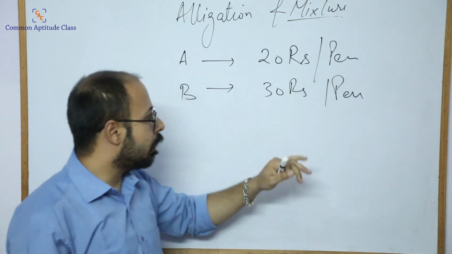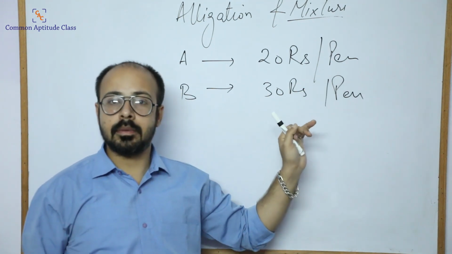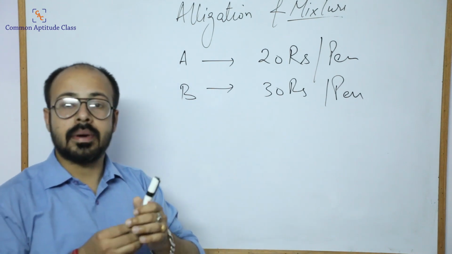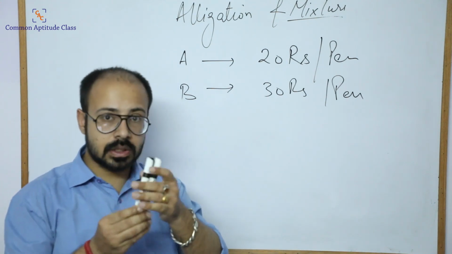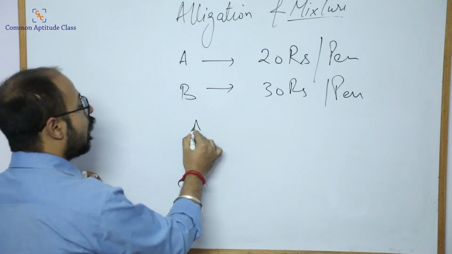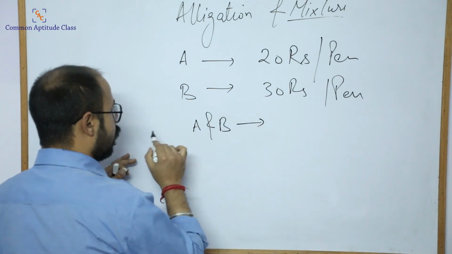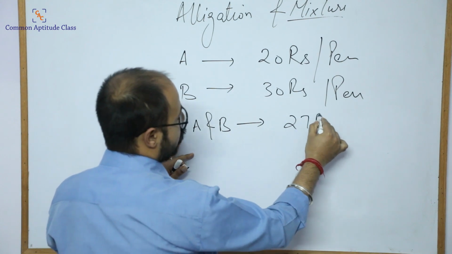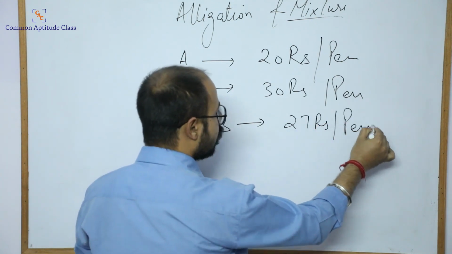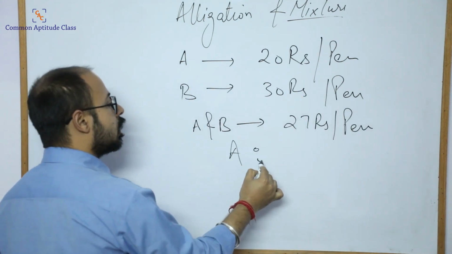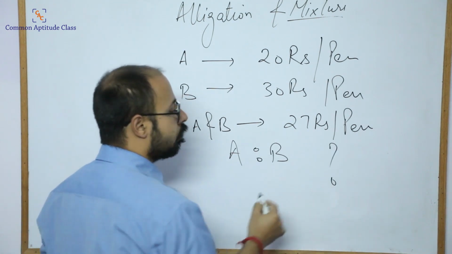I bought these at 20 and 30 rupees per pen, and kept these two pens in my shop. The average cost to me is 27 rupees per pen. Find the ratio in which A and B pens were bought.